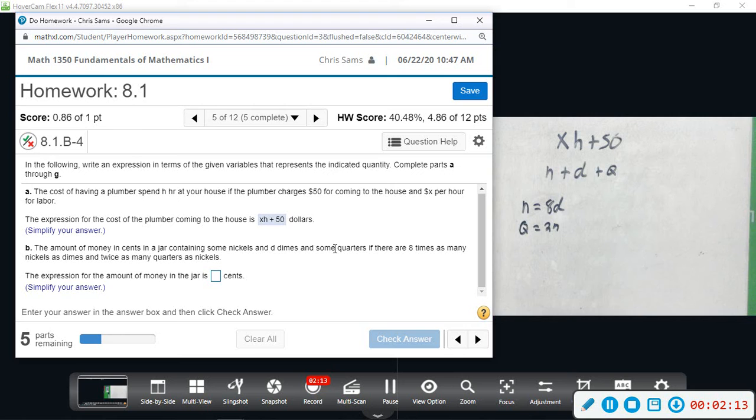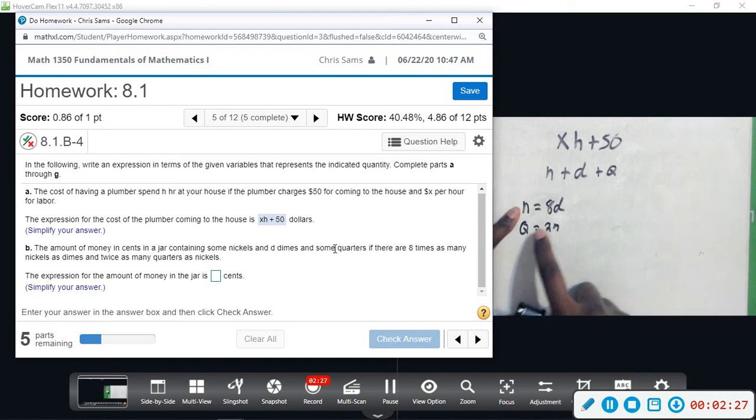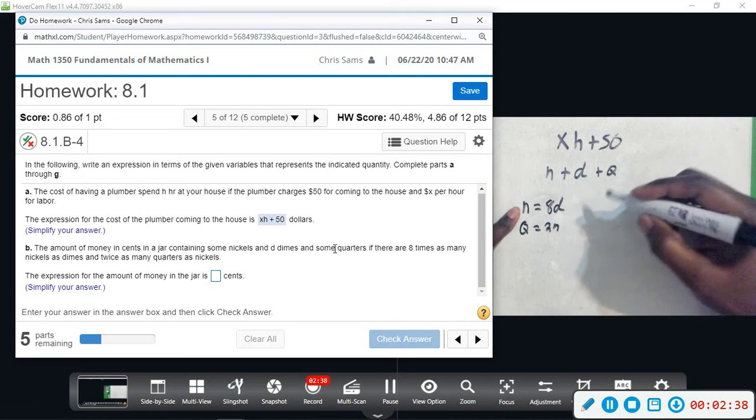All right, so we're going to do a little substitution. We're going to put everything in terms of nickels, since we have both of these related to nickels. Actually, let's just work it out.